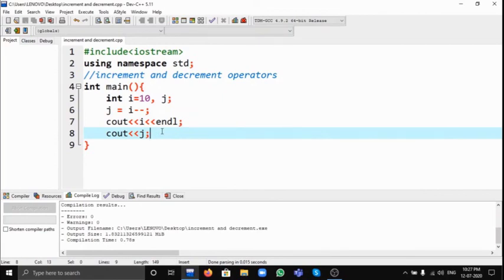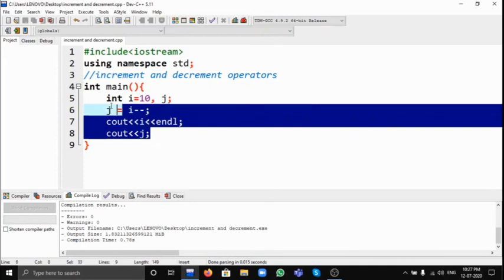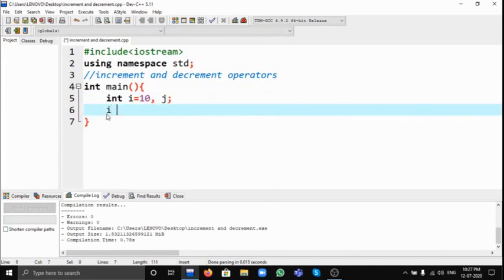So now the question is, why do we need to actually learn about increment and decrement operators when they are just fancy terms to explain addition and subtraction? This is because it's relatively easier, right? Instead of writing, for example, i is equal to i plus 1, if I just simply write i plus plus, this is relatively simpler to write, right?